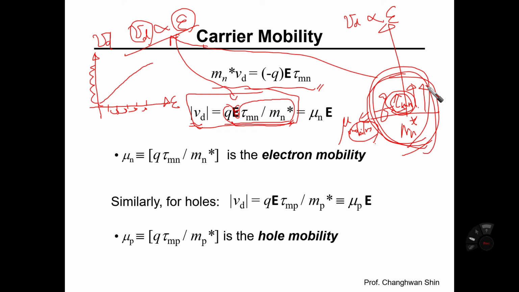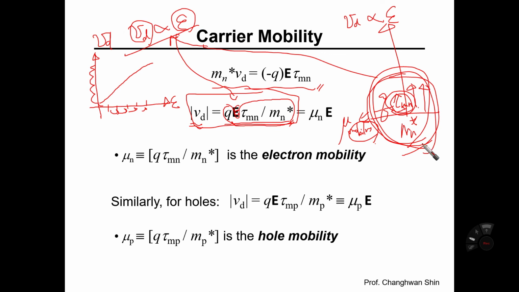Without any collision, it is moving well. So we can claim that its mobility, the degree of movement, is very good because the scattering-to-scattering time is very long, so it is moving well. So mobility is higher when scattering-to-scattering time is very long.